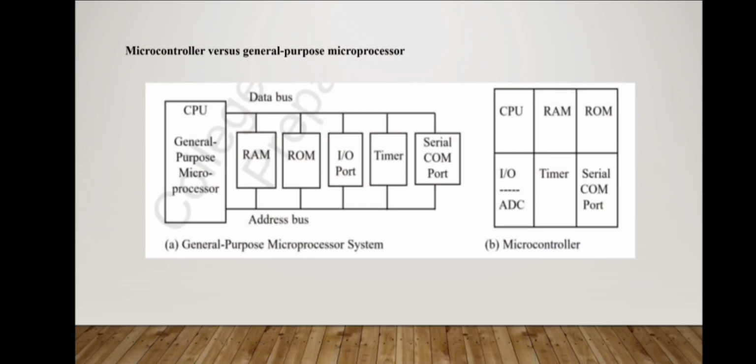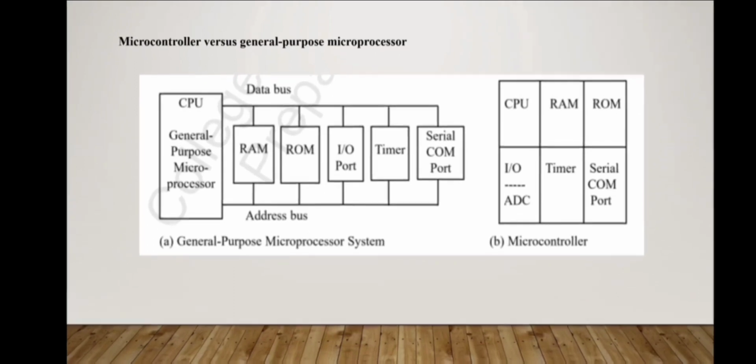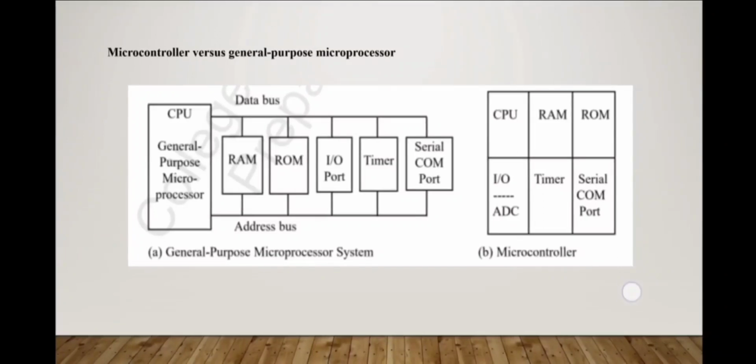Now the major fundamental difference between a microcontroller and a general purpose microprocessor system. The first figure shows a general purpose microprocessor system, and the second figure shows a microcontroller system.